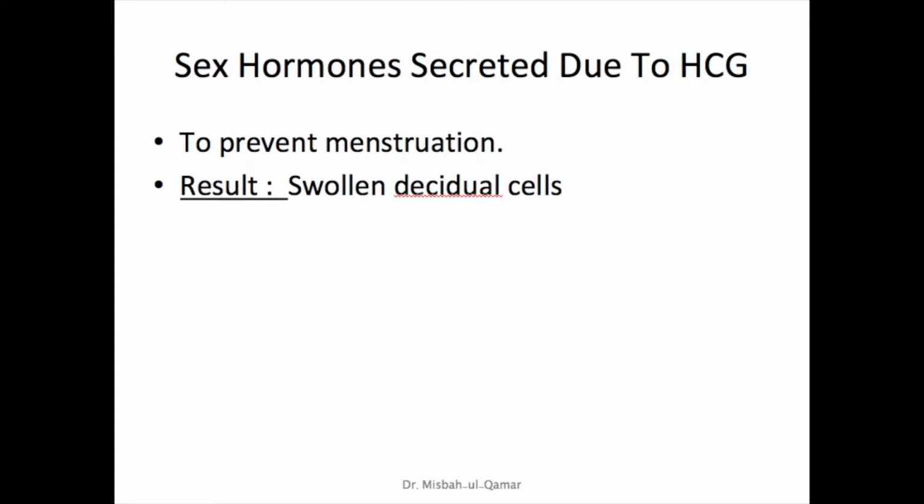As a result, the decidua-like cells that develop in the endometrium during the normal female sexual cycle become actual decidual cells, which are greatly swollen and nutritious at about the time that the blastocyst implants.